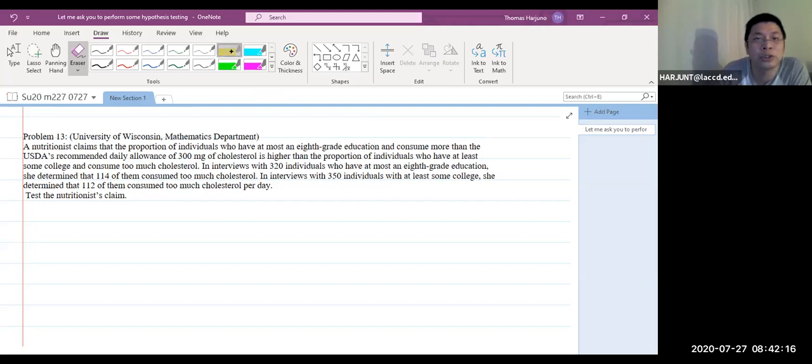So the proportion of 8th graders, even though I believe this refers to adults with highest education 8th grade or less, is higher in consuming cholesterol compared to those who have at least college education. Now then, let's look at the data.